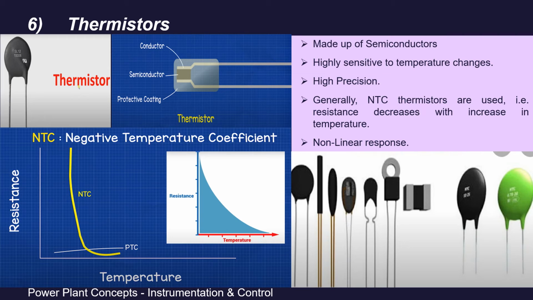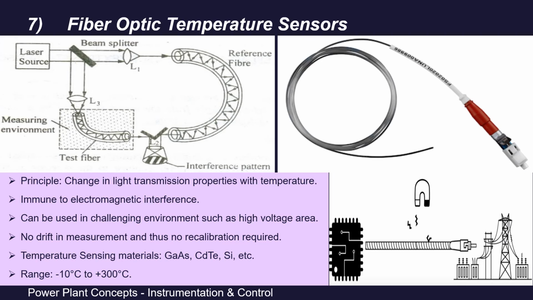Coming to our next type, it is fiber optic temperature sensors. Fiber optic temperature sensors use the principle of change in light transmission properties with temperature. In this figure, we can see that laser light emitted by the laser source is split into two lights using a beam splitter.